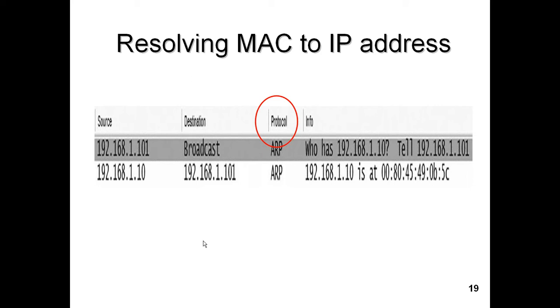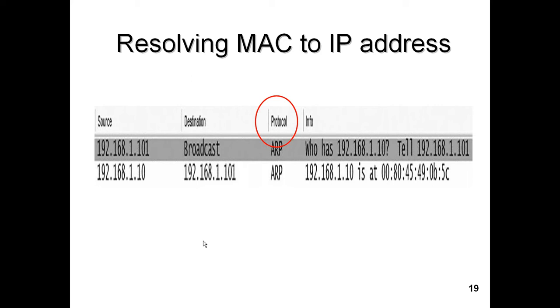And I want to go to one of the cameras on my network. Now, when I go to Internet Explorer and I type in an address, I don't type in a MAC address, do I? No. I type in an IP address. I say I want to go to 192.168.1.10.